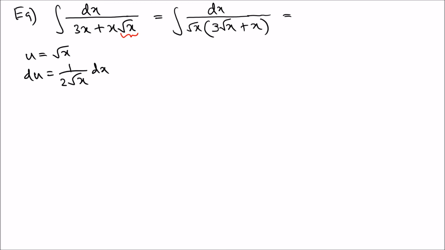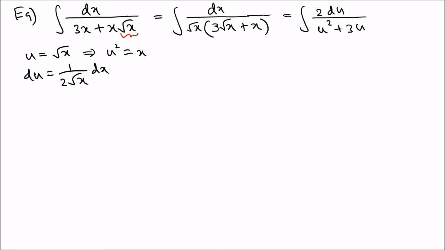So it's going to be 2 du. In the bottom, you're going to get 3 u, and x means u squared, because u squared equals x. So the bottom is u squared plus 3u.